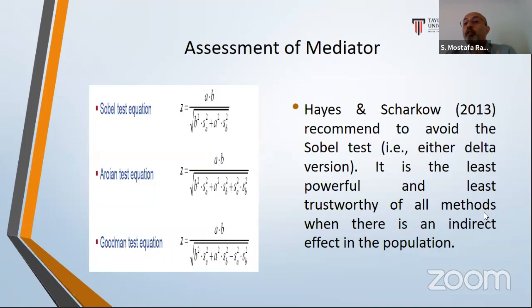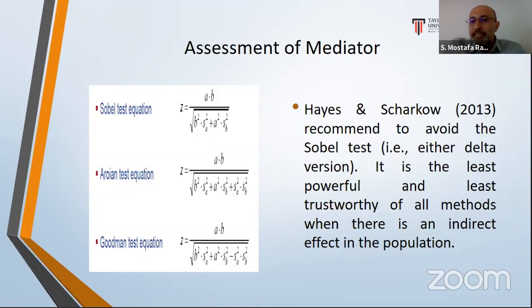It's a very low power approach. So Baron and Kenny, and also this category of tests like the Sobel test, Aroian test, and Goodman test, were rejected in the work of Hayes and Scharkow. Even though the Sobel test belongs to the third group, it is still not a trustworthy test.